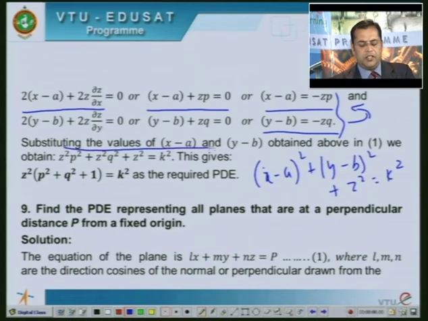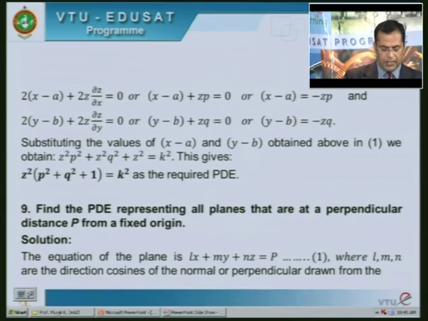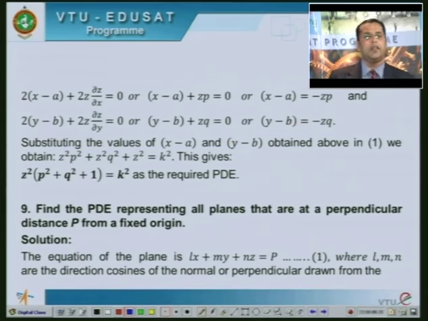So, substituting the values of x minus a and y minus b obtained above in 1, we obtain (x minus a)² is z²p², because x minus a is minus zp, (y minus b)² is z²q², plus z² equal to k². Or taking z² common, the result is immediate: z² into (p² plus q² plus 1) equal to k² is the required PDE.